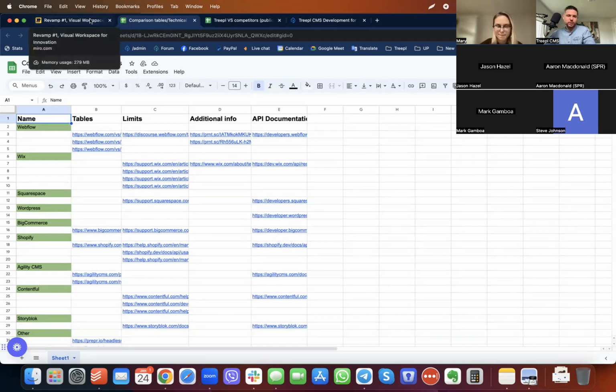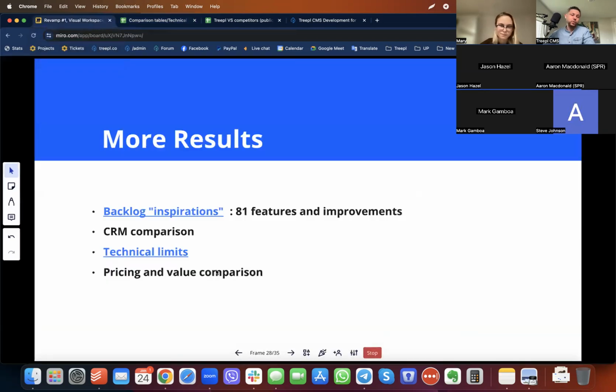So that was more for our DevOps and backend. And we also did the pricing and value comparison. So how much certain things cost on other platforms and how much our partners pay for those features on our platform.